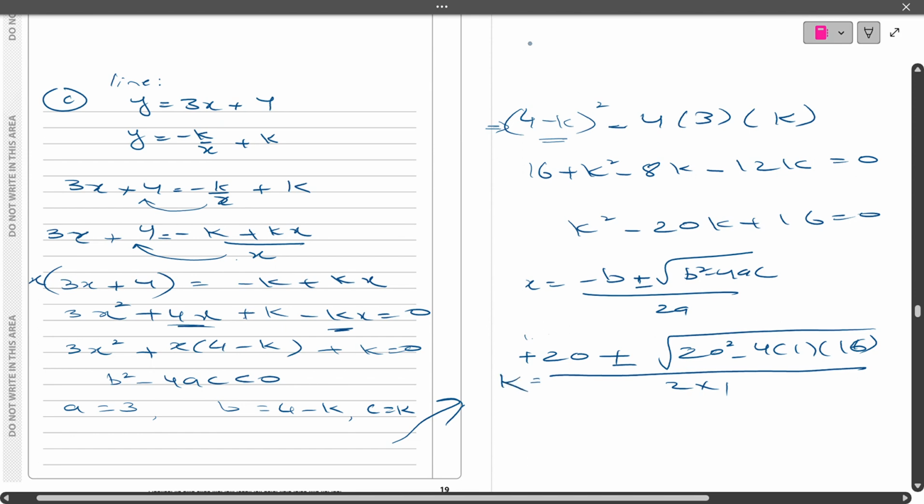This is k because we are solving for k. So k equals 20 plus minus 20 squared minus 16 times 4.